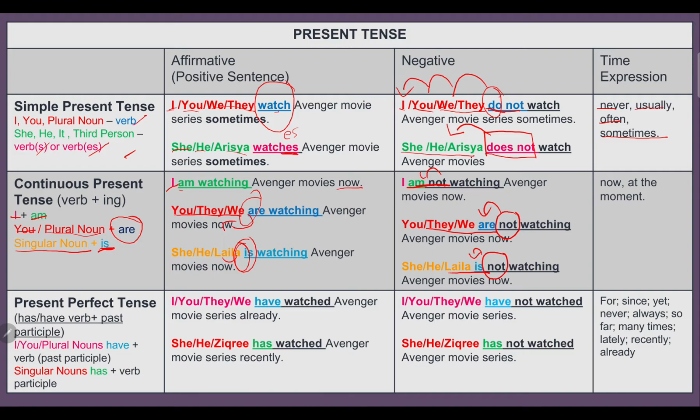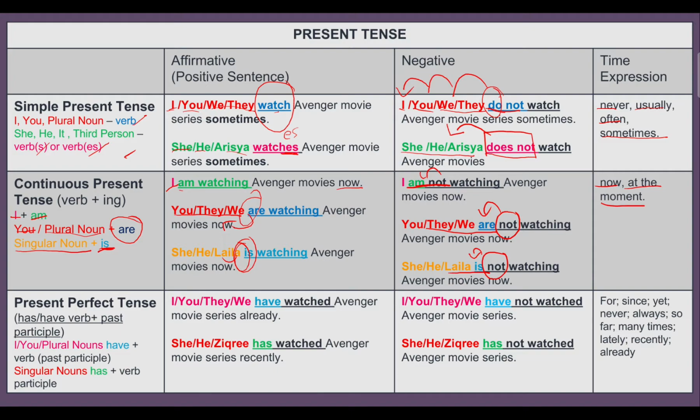So I am not watching, you, they, we are not watching, and she, he, Layla is not watching. Okay, and so for the time expression, okay, we use now or at the moment. So at the moment and now bring the same meaning, which is right now.